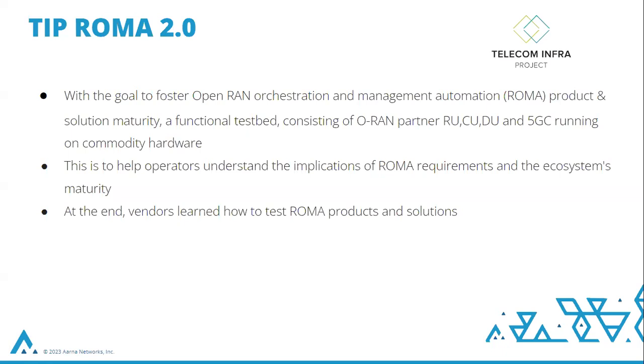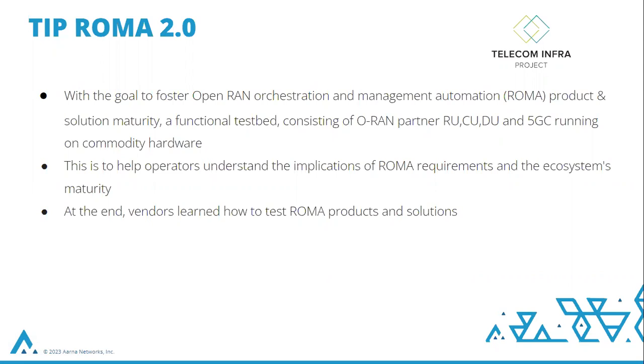So for that, TIP Roma is a subgroup of TIP, where the goal is to see how different disaggregated ORAN components can be managed by a single SMO solution, which is compliant with the O1 spec. That's the primary goal. To achieve that goal, the TIP Roma community came up with requirements for all the disaggregated ORAN components, starting from SMO, CU, DU, RU, all components.